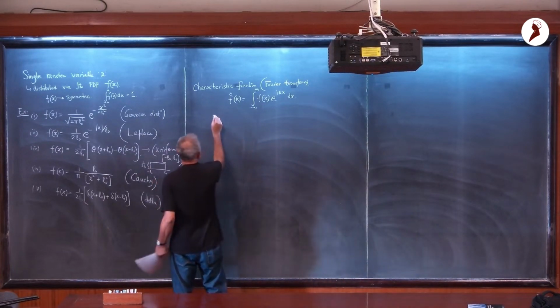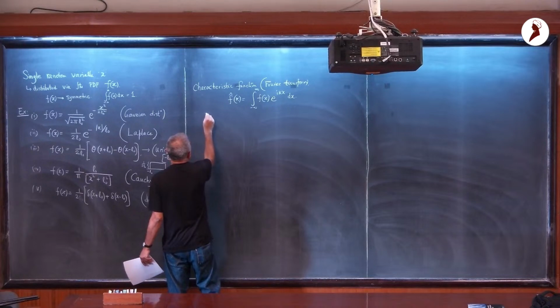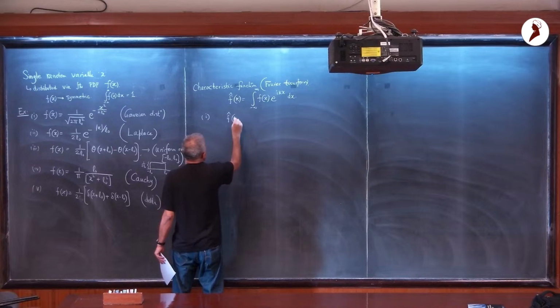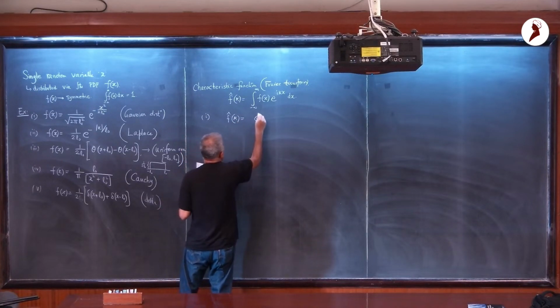So for all these examples that we looked at, the Fourier transform of the Gaussian distribution is also a Gaussian.